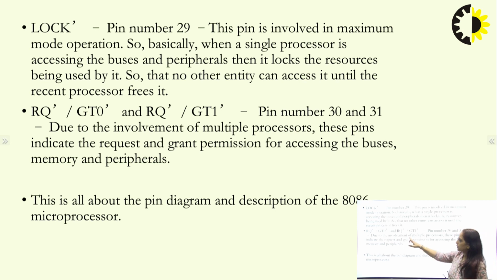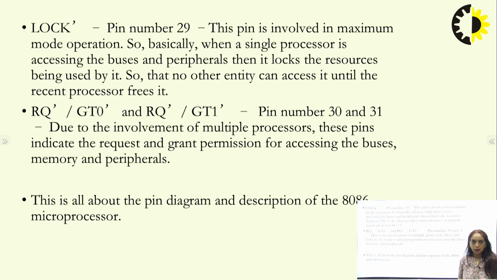Then we have request grant 0 and request grant 1, which are connected to pin number 30 and 31. Due to the involvement of multiple processors, these pins indicate the request and grant permission for accessing the buses of 8086.